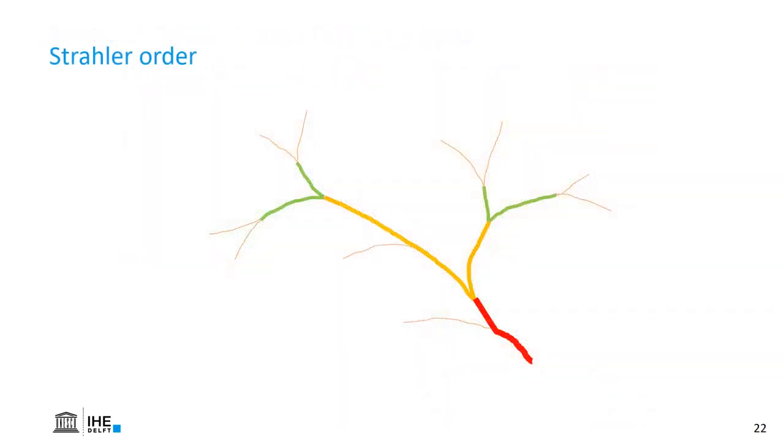The second method to derive streams is to use the Strahler order. This method orders the reaches, and we can set the threshold for which we consider it as a stream. It starts with the smallest ones, and they are ordered with number 1. When two of the same order join, it increases the order, so two of one join into order 2.